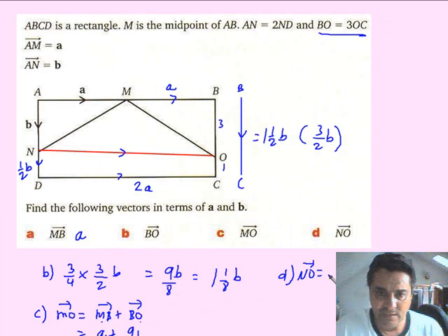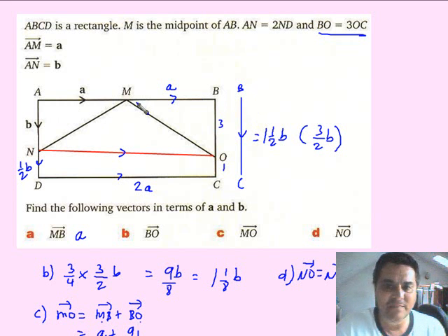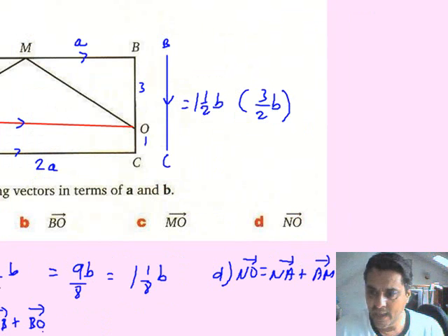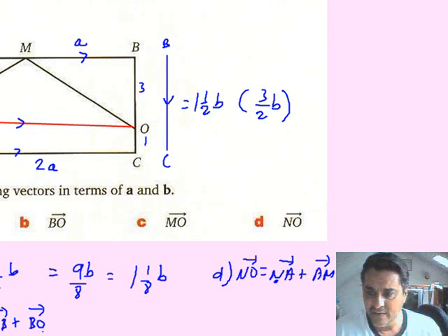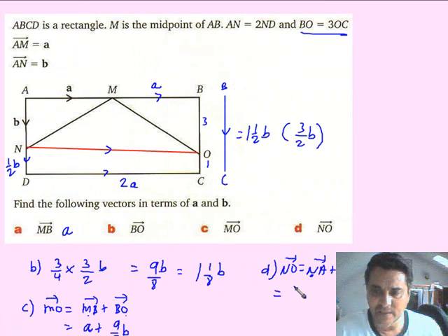NO is like going from N to A, followed by A to M, followed by M to B. Of course, A to B is going to be 2a anyway, isn't it? And finally followed by B to O. I know I've done it in a long, horrible way, but look, starting with N, finishing with O. Let's shove in the vectors quickly.